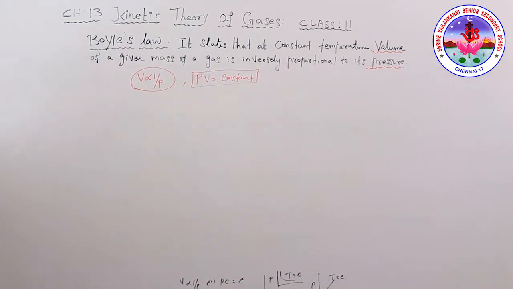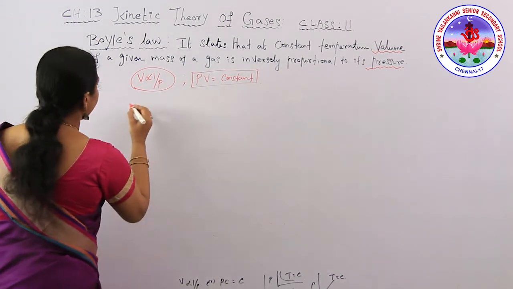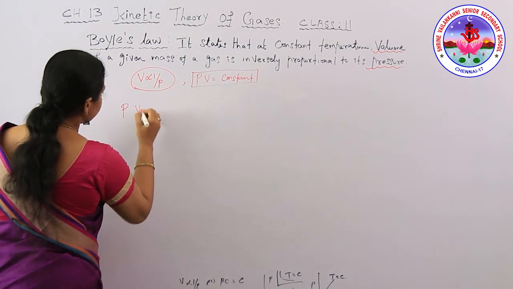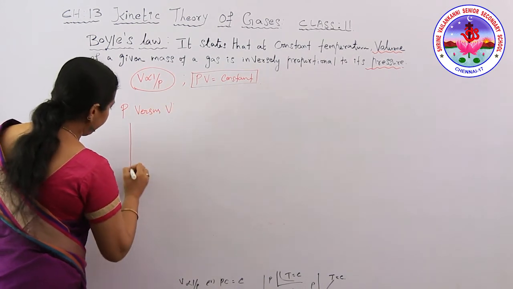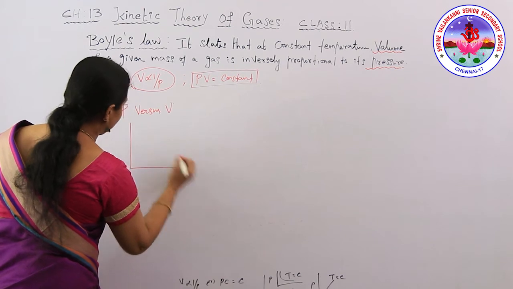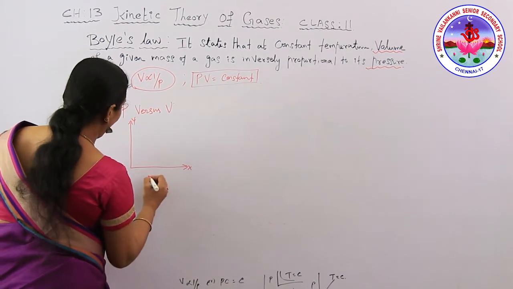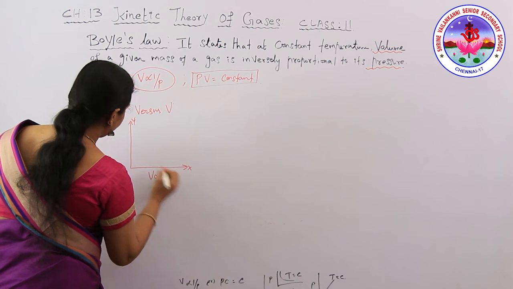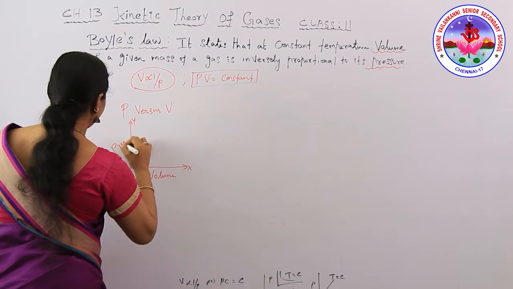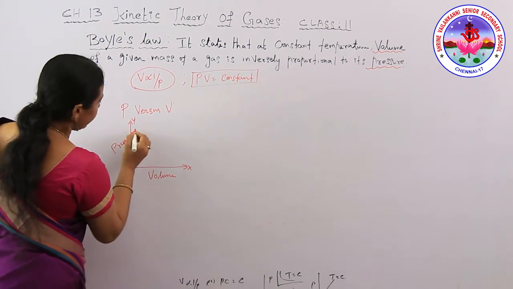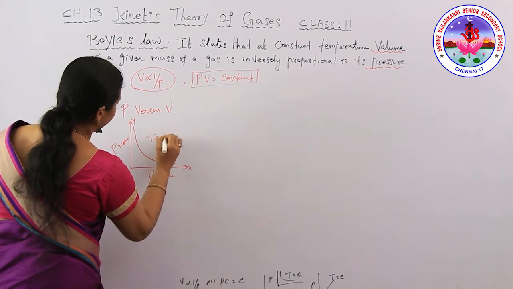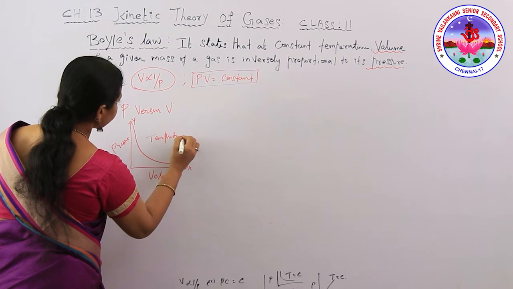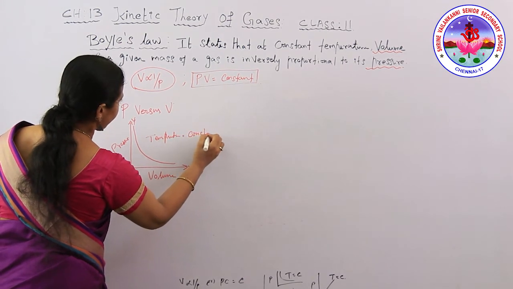Now the graph relating pressure versus volume: if you take volume on the x-axis and pressure on the y-axis, you get the graph of this nature, with temperature equal to constant.